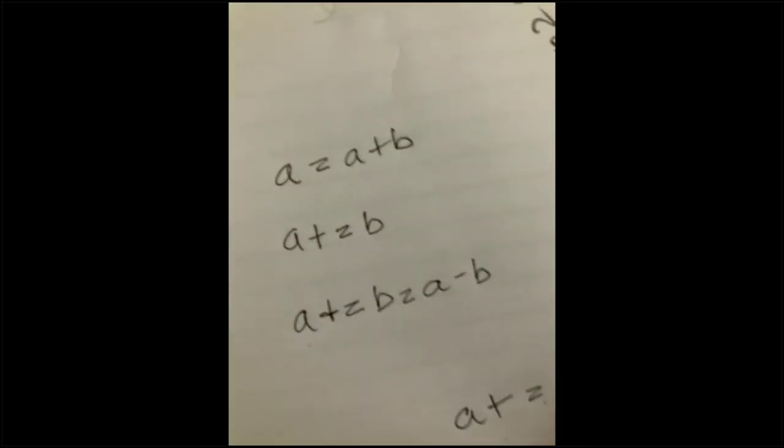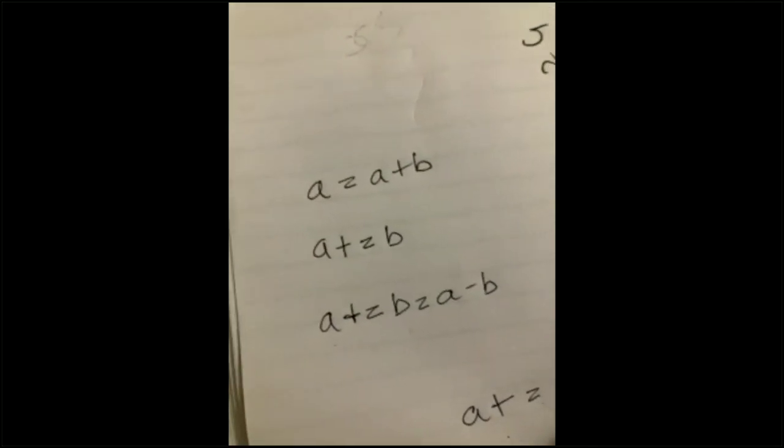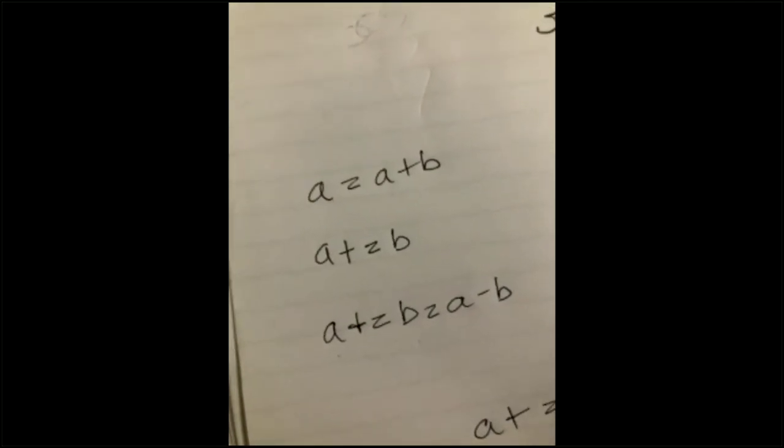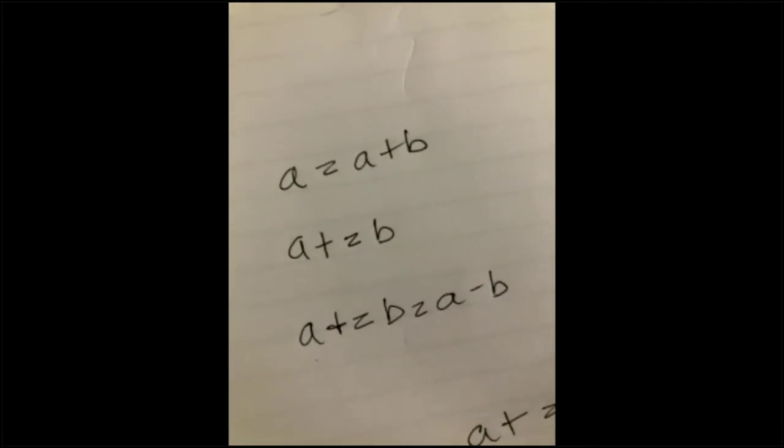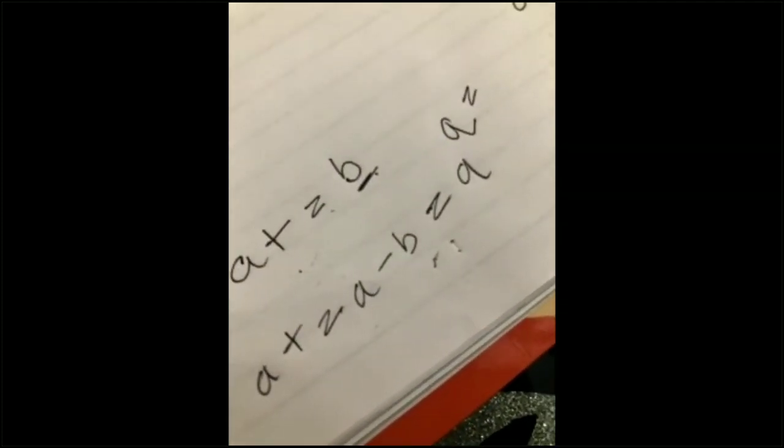And in place of b, I can write a plus equal to a minus b. Yeah, this is done. After that, is it correct? Let's run this.